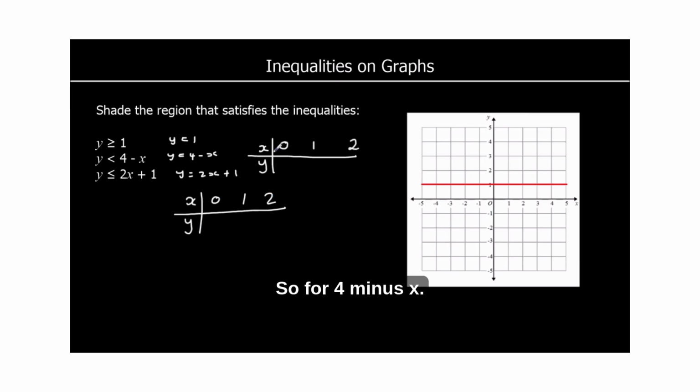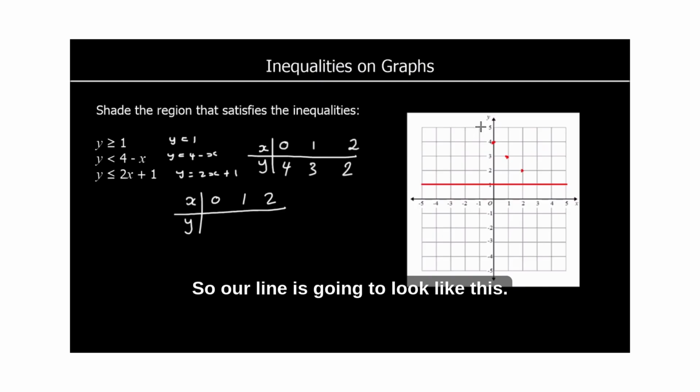graphs. So for 4 minus x, y equals 4 minus x. When x is 0, 4 minus 0 is 4. When x is 1, 4 minus 1 is 3. And when x is 2, 4 minus 2 is 2. So it's going to go through 0, 4, 1, 3, and 2, 2.